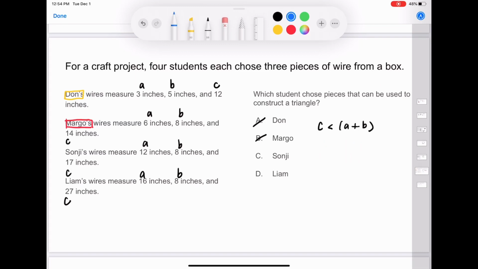And now let's look at Sonji. She has 12 plus 8, 17, 17, 20. Is 20 greater than 17? Well, yes, that is in fact true. But let's go ahead and check Liam just to be sure.